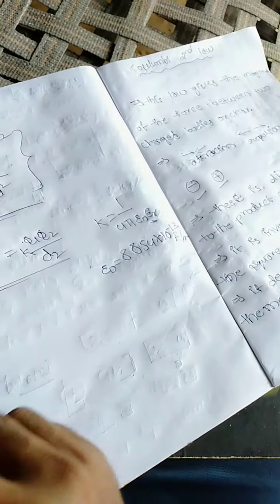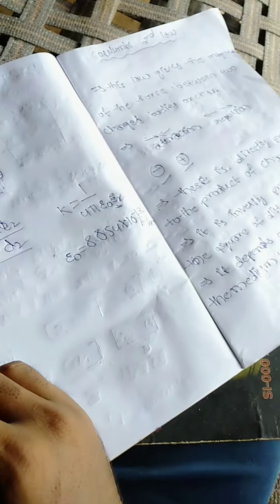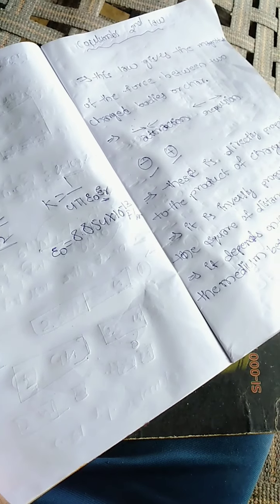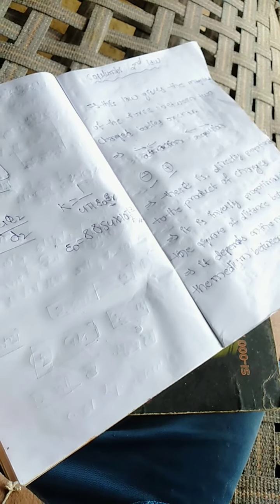And next, epsilon r is nothing but the relative permittivity of the medium in which the charges are placed. Its value is different for different media, but for vacuum its value is 1.